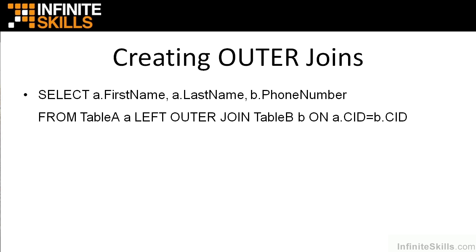Now let's look at this query that we're going to run, and I'm just going to show you a visual here, okay? Notice the same query we had before. Select first name, last name from the A table, phone number from the B table, but this time we're going to do a left outer join, and we're joining where CID in both tables are equal.